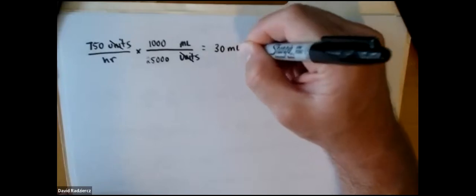One of the reasons I like dimensional analysis is I know I've set it up right even before I've done anything. Then I'm just going to take that 750 times 1,000 divided by 25,000, and I'm going to get 30 milliliters per hour. If you got something like 30.4545 milliliters per hour, round it to the nearest tenth.